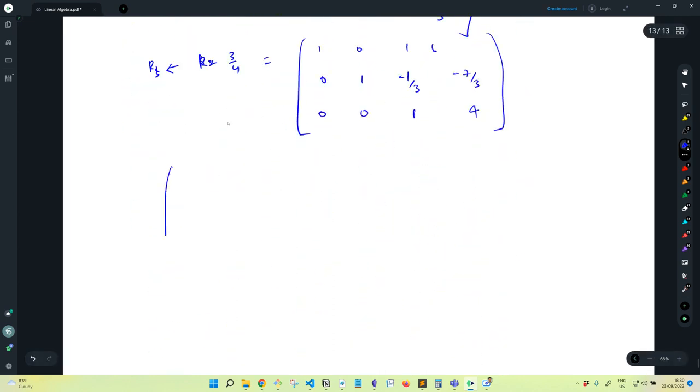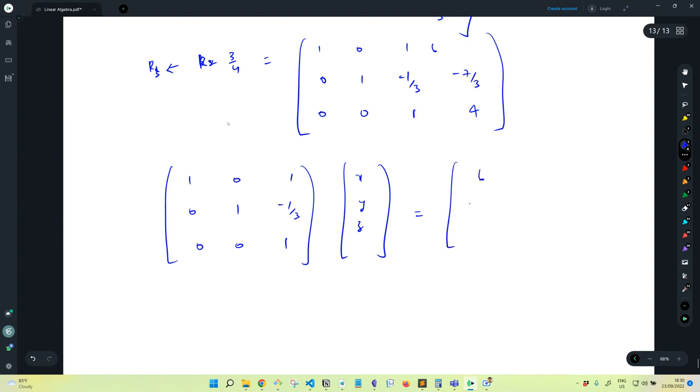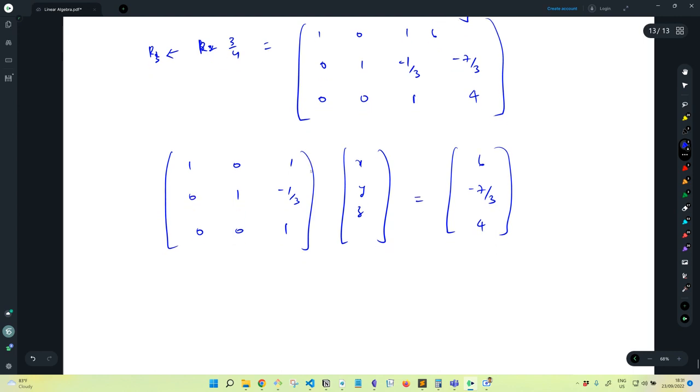Now I'll bifurcate this matrix into Ax equal to b: 1, 0, 1, 0, 1, minus 1 by 3, 0, 0, 1 times x, y, z equals 6, minus 7 by 3, 4. Hopefully I have not made any mistakes now. From here, if you do back substitution, you will get the answer. I hope this is okay.